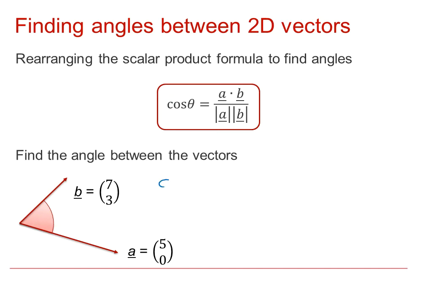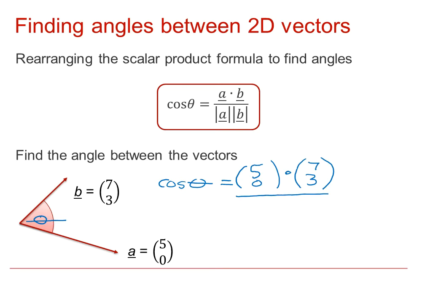In this example, cos theta, where theta is the angle between A and B, will equal A dot B, or 5, 0, 7, 3, divided by the magnitude of A, or 5 squared, and I will put in the 0 squared just so you can see I haven't forgotten it, plus 7 squared plus 3 squared.